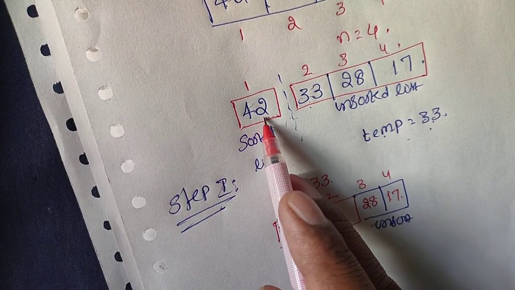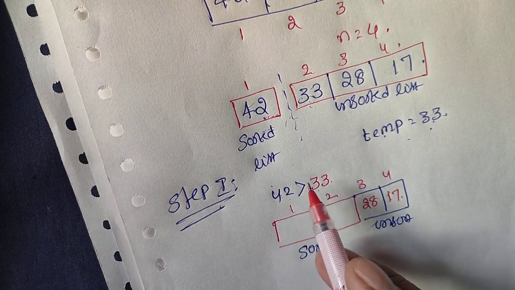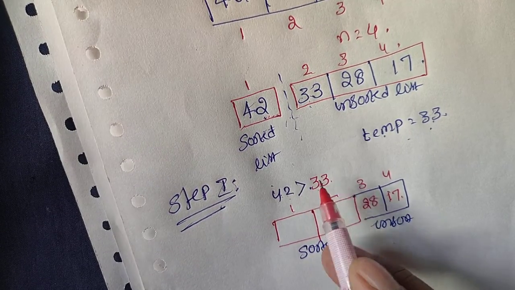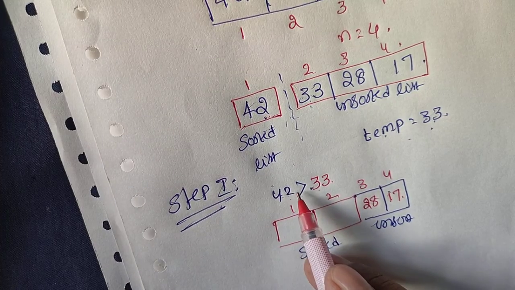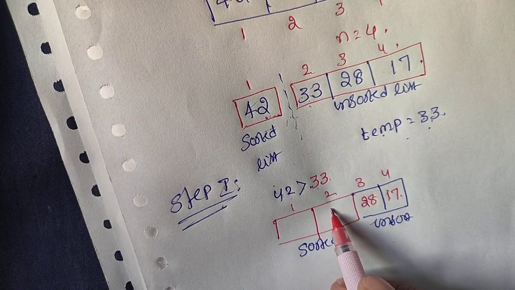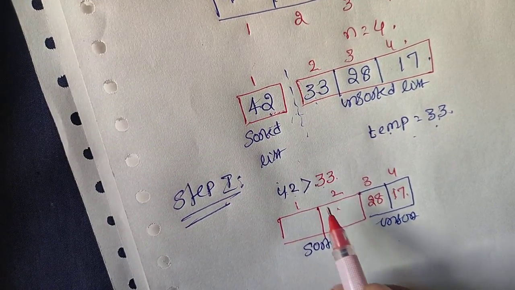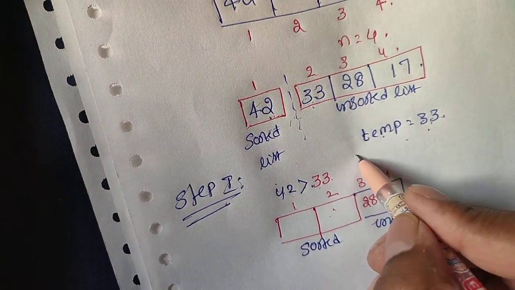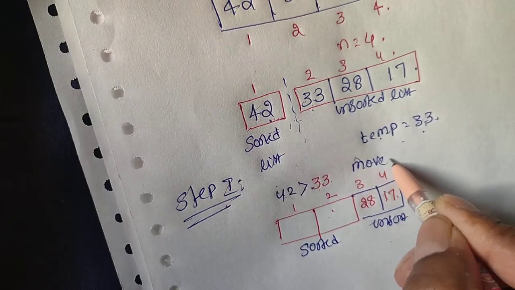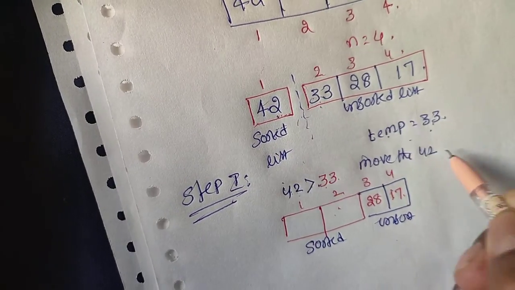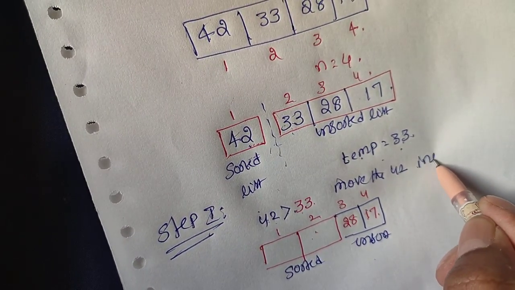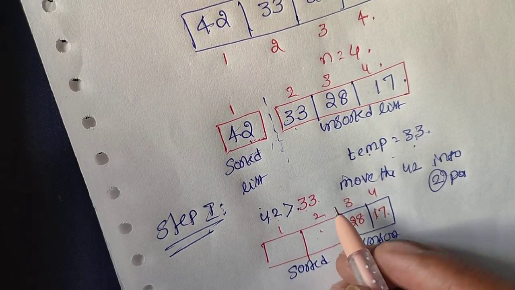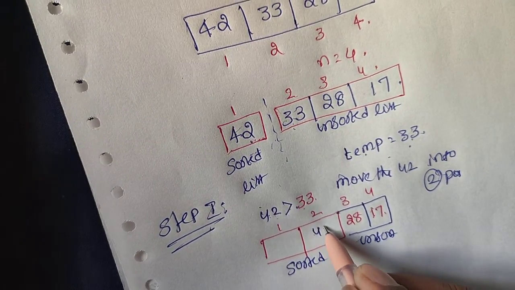It is 42, and 42 is greater than 33, so we move 42 into the second position.